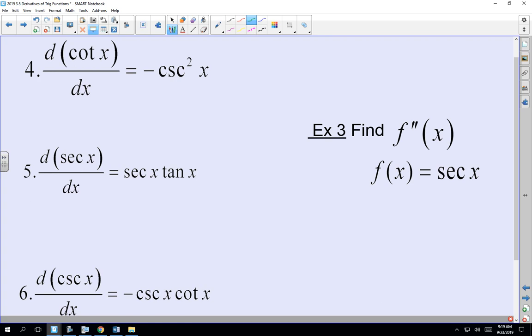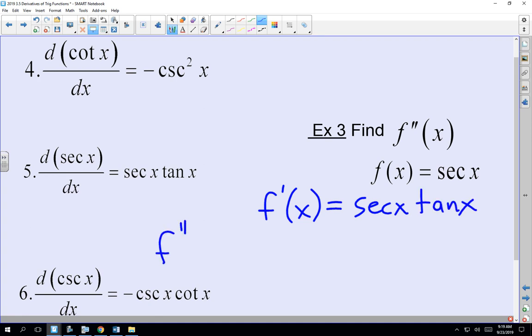So if I am asked to find the second derivative of secant of x, first derivative, we'd have to find that first. First derivative of secant is secant x tangent x. And then the second derivative, you're going to have to use the product rule on.